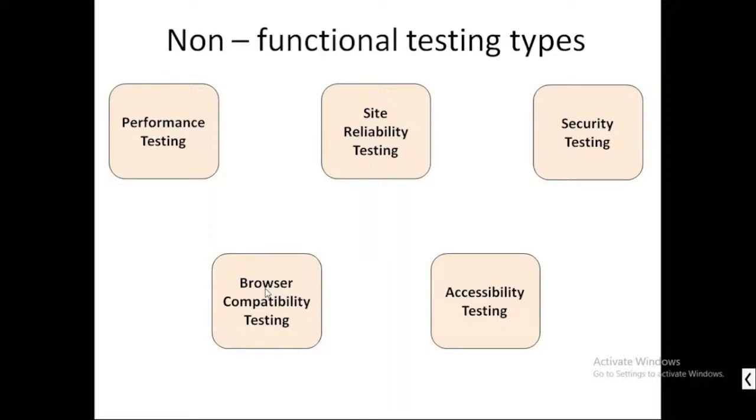There are strict guidelines related to accessibility, and the application owners need to implement them. These are the different types of non-functional testing which exist, and out of that, we are going to focus on performance testing as part of this training.